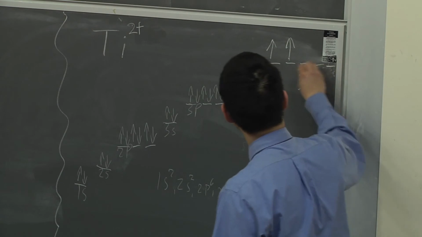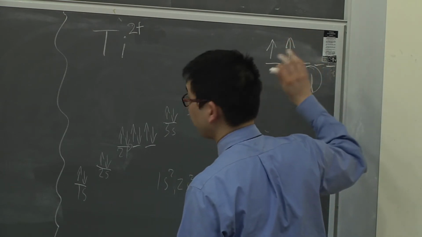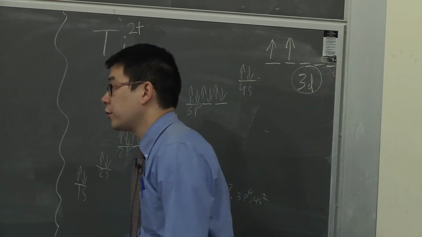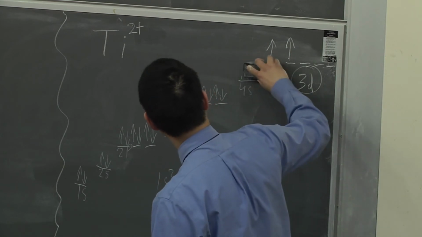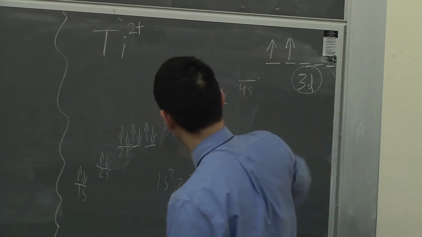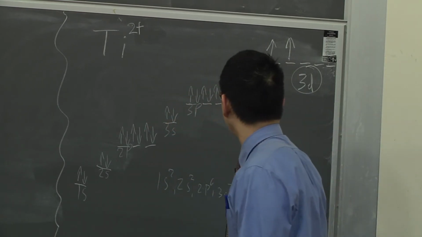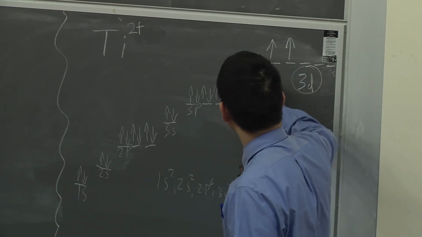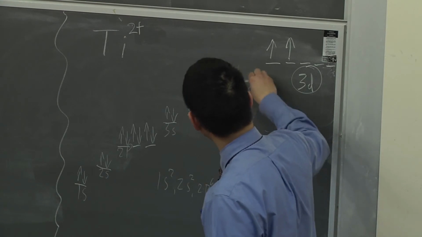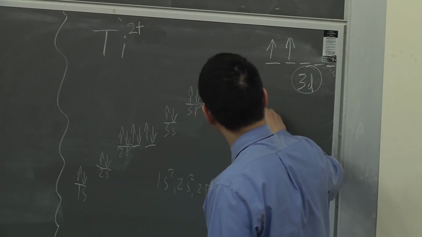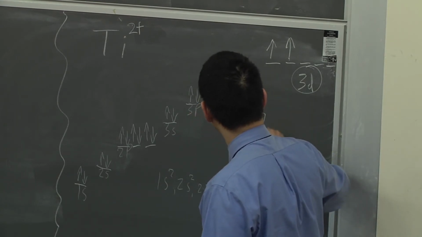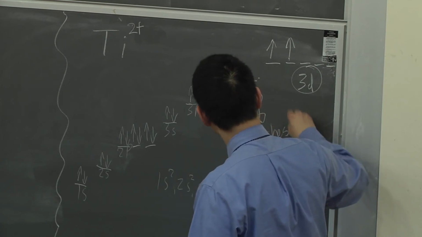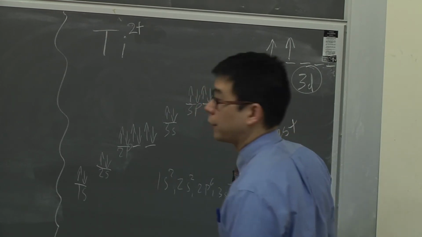Now it turns out when you have d orbitals, the first electrons to come out are actually from the s right before your d. That's because they come out from the orbitals with the highest n first.